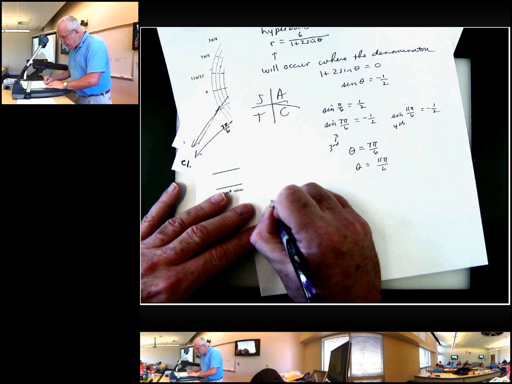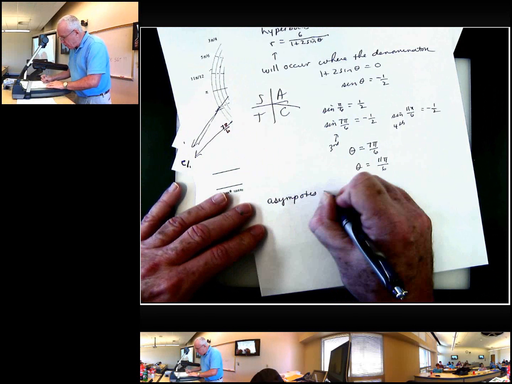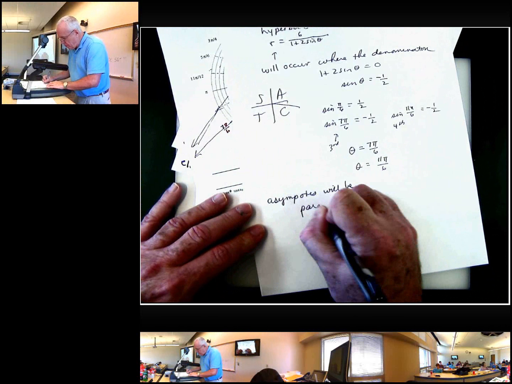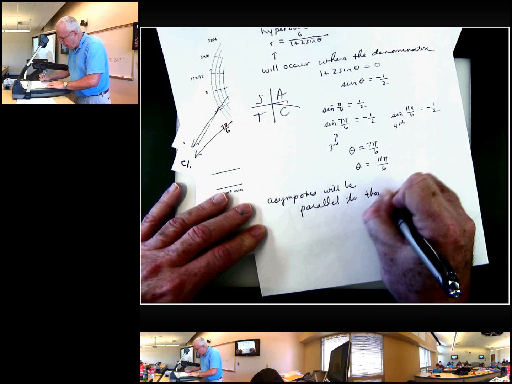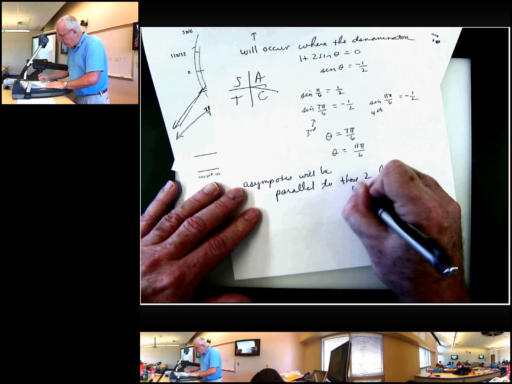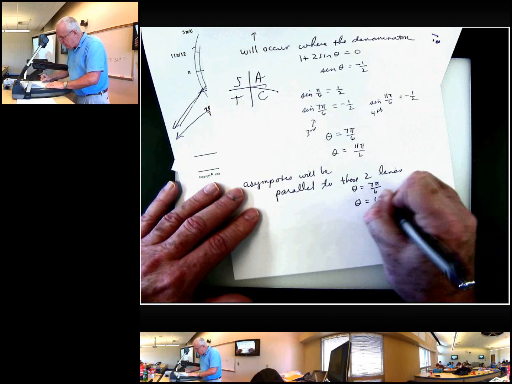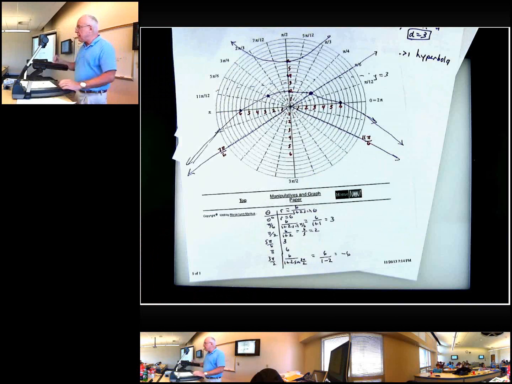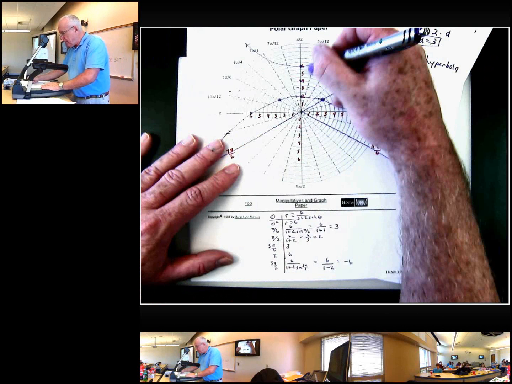We can say that the asymptotes will be parallel to those two lines: theta equals 7 pi over 6, theta equals 11 pi over 6. Actually, the asymptotes go through the center between here and here.